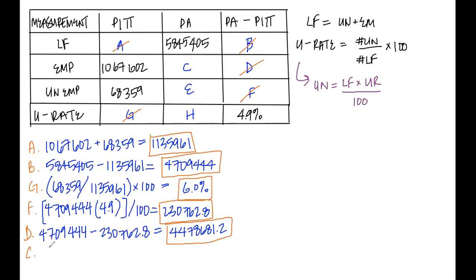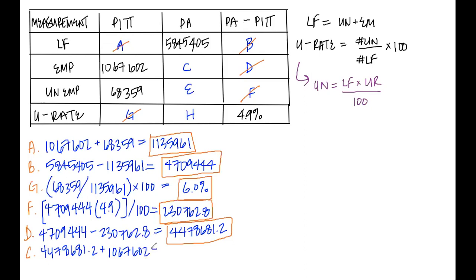We know that needs to be Pennsylvania minus PIT, which is D, which we just solved for, and then add that to what was given, which was 1,067,602.